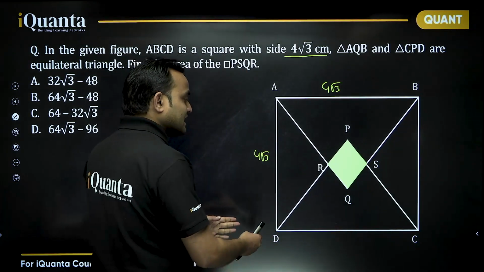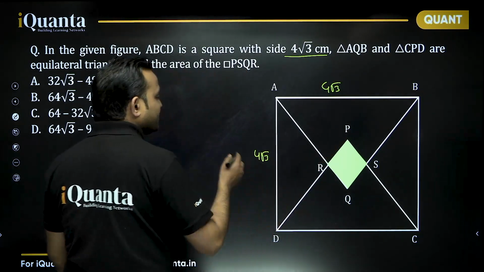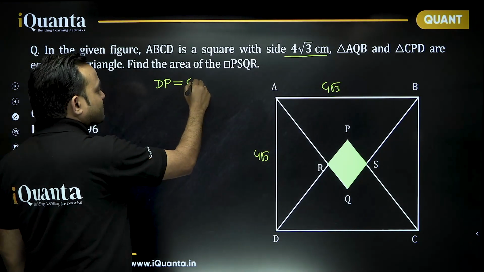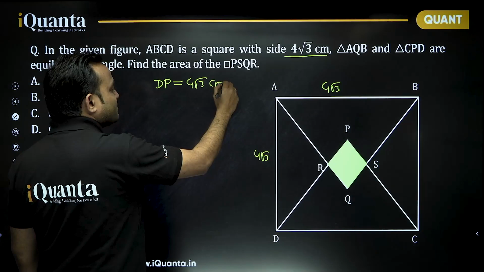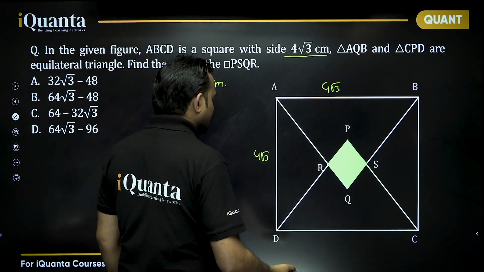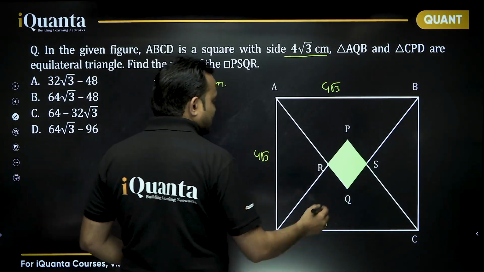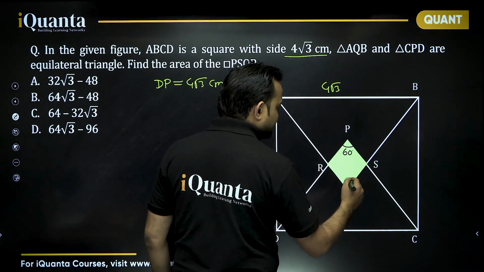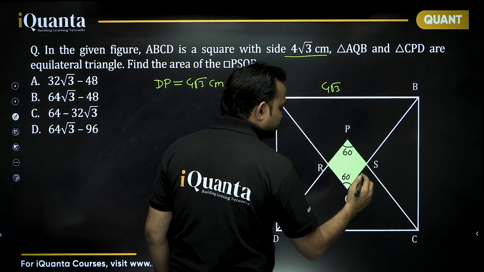Now can we say the length of DP will be the same as the side length, which is 4 root 3 centimeter. Now in any equilateral triangle, the interior angles are nothing but 60 degrees. So this will become 60 degree. This will also become 60 degree.